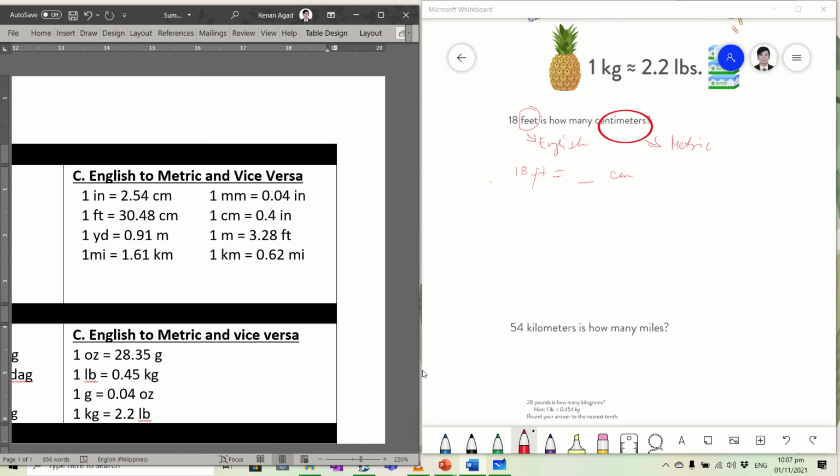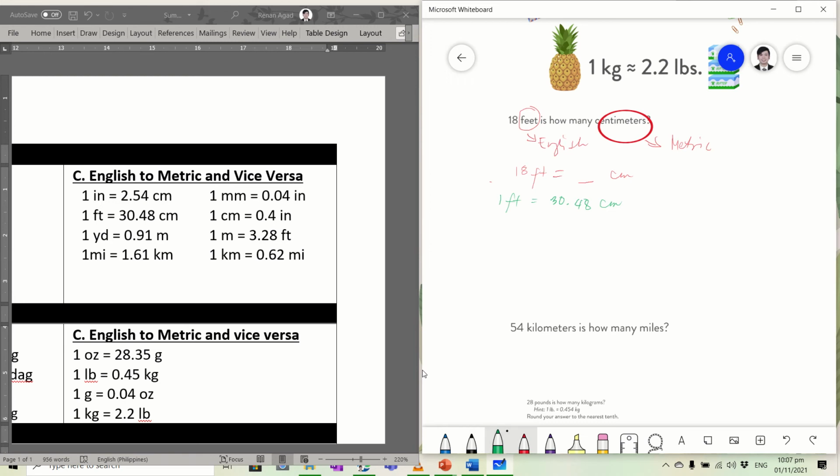So we copy our conversion factor: 1 foot is equal to 30.48 cm.